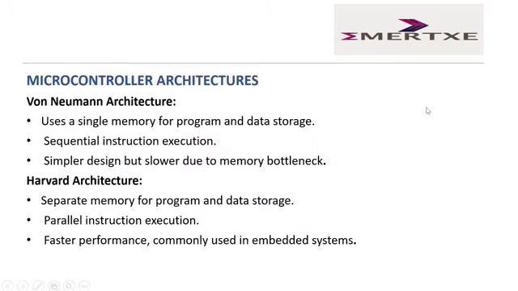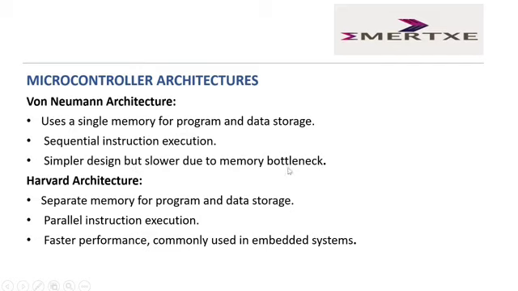And coming to the next one, the microcontroller architectures. We have two architectures: Von Neumann architecture and Harvard architecture. Von Neumann architecture uses a single memory for program and data storage, with sequential instruction execution. It has a simpler design but is slower due to the memory bottleneck.